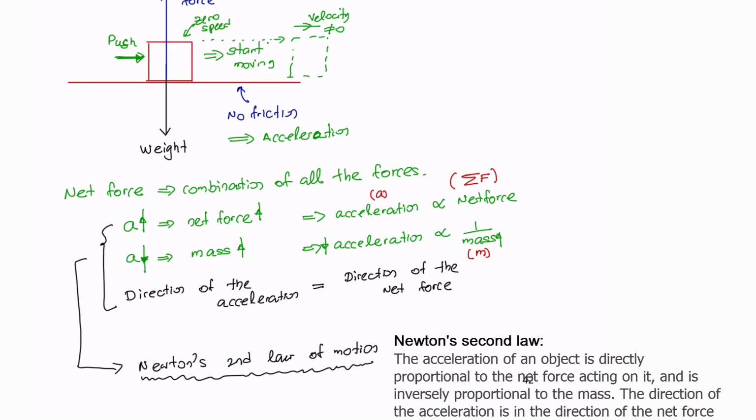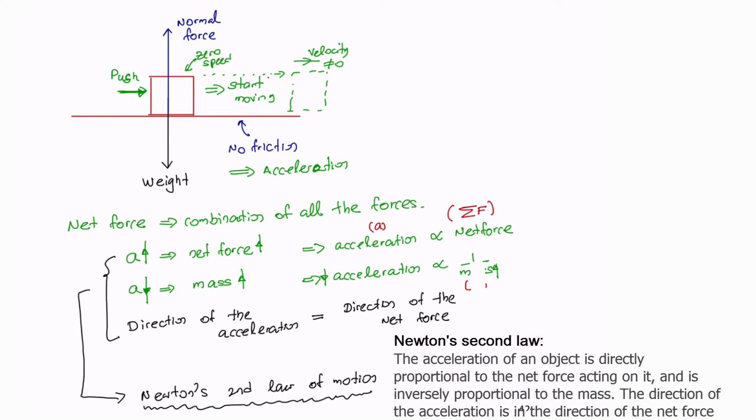Now if you combine these things, acceleration is directly proportional to the net force, acceleration is inversely proportional to the mass. You combine these two, the acceleration is equal to the net force divided by m.